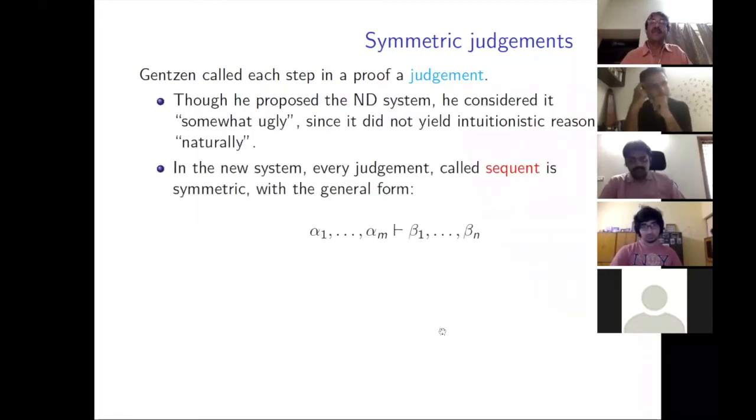So, though he proposed the natural deduction system, he considered it somewhat ugly, since one important reason for him was, if you look at reductio ad absurdum, they're doing something weird.